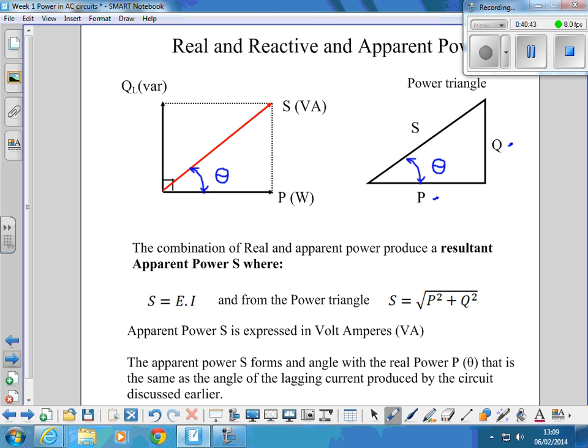So you can get the phase angle and effectively the power factor we're going to talk about shortly from either the angle between P and S, or from the angle between the currents, the actual line current and the current due to the power. That angle works out to be the same from either triangle. Any questions on that?